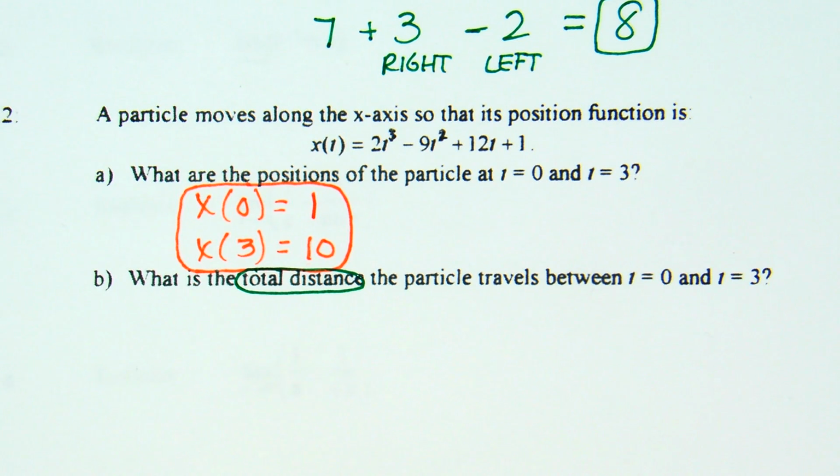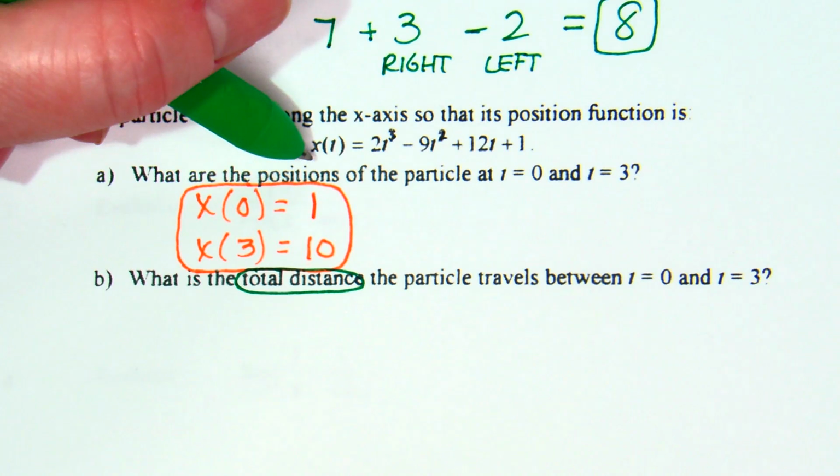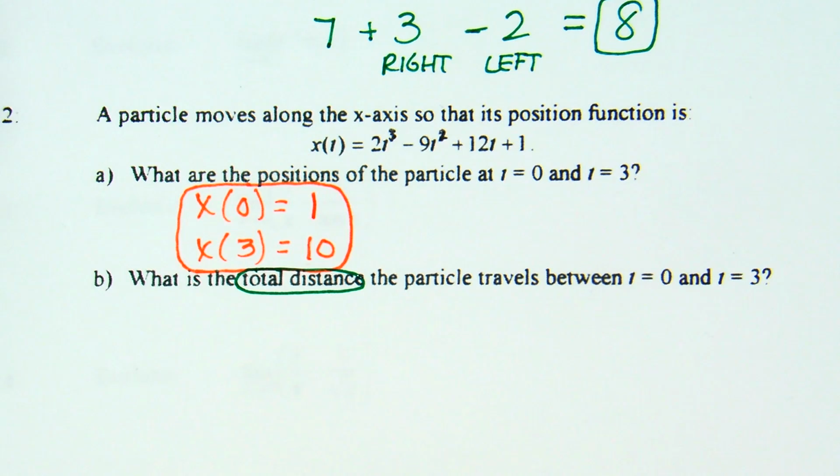What are we given? We're given position. How do I find velocity? Derivative of position. So we're not doing the integral right now.